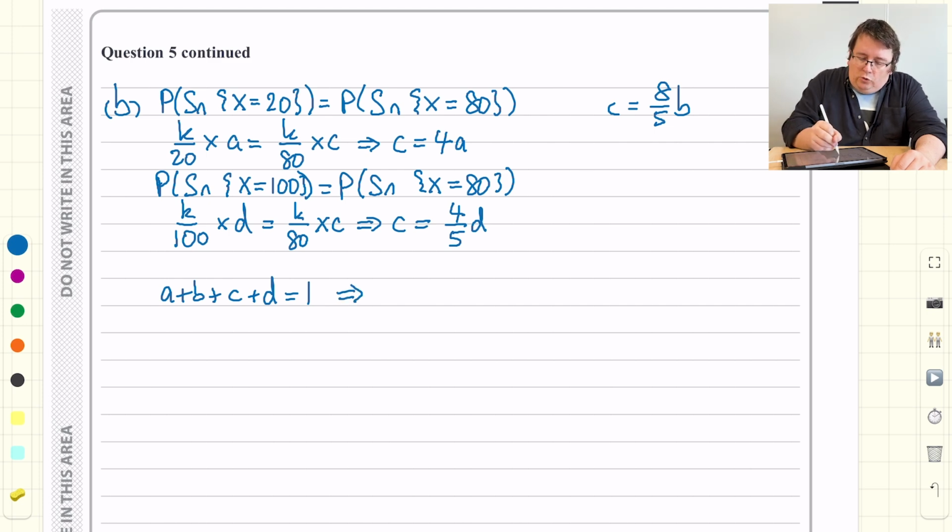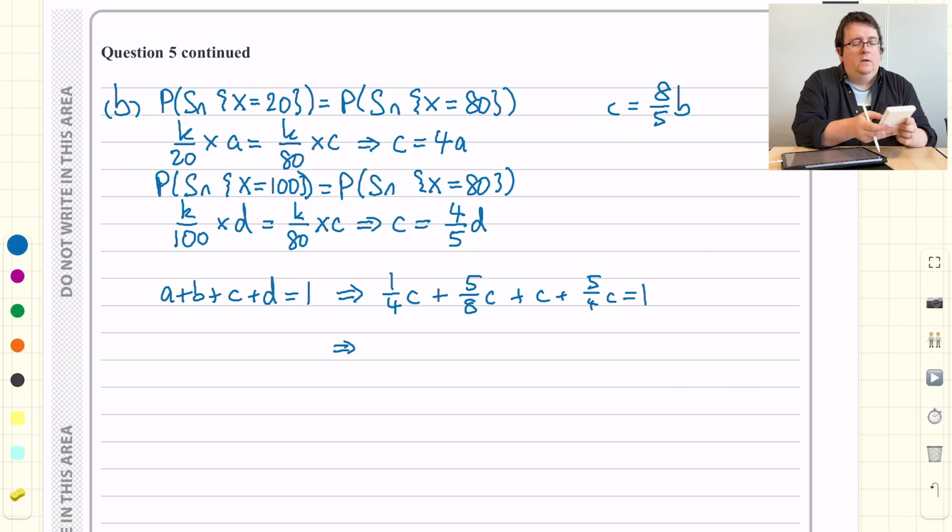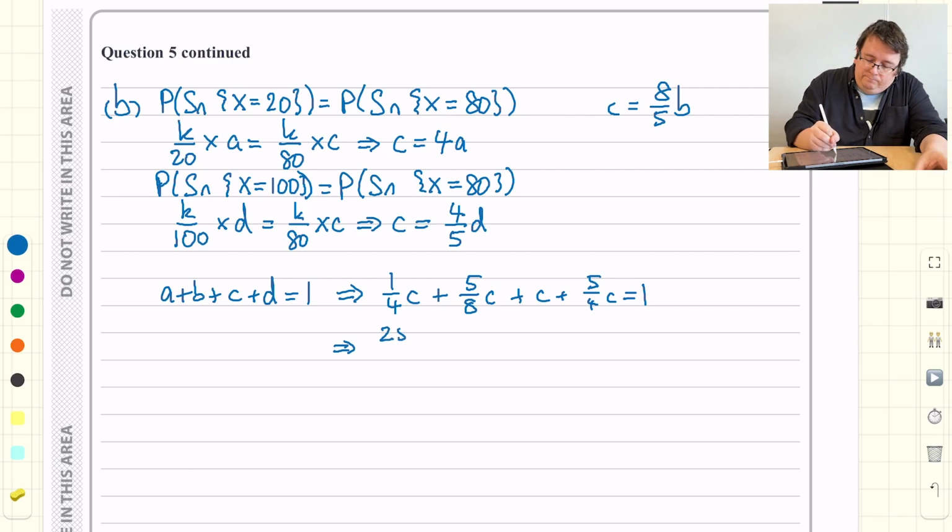So A is 1/4 of C, B is 5/8 of C, C is just C, and D is 5/4 of C. So 1/4 plus 5/8 plus 1 plus 5/4 is 25/8. So C must be 8 over 25.